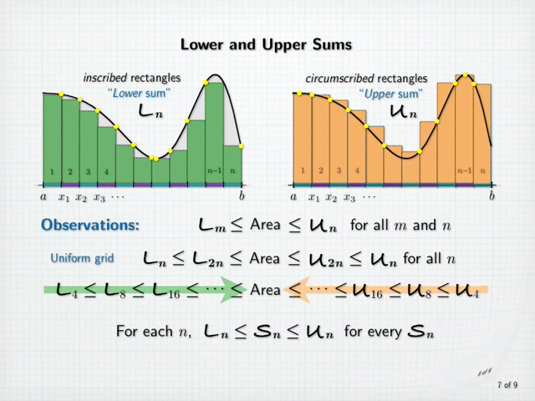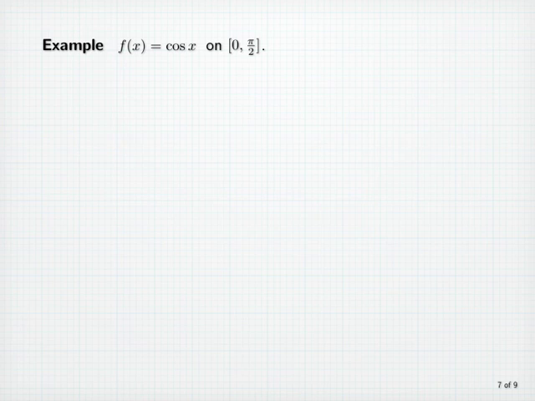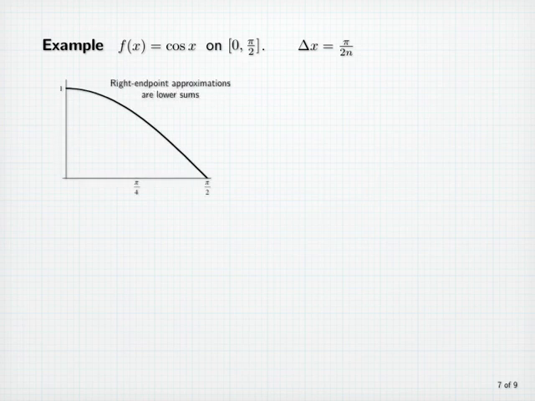Now let's look at an example. Let's let f of x be the cosine function on the interval 0 to pi over 2. For any choice of n, our delta x will be pi over 2 divided by n, or pi over 2n. Because this function is decreasing on the interval, right endpoint approximations will provide lower sums.